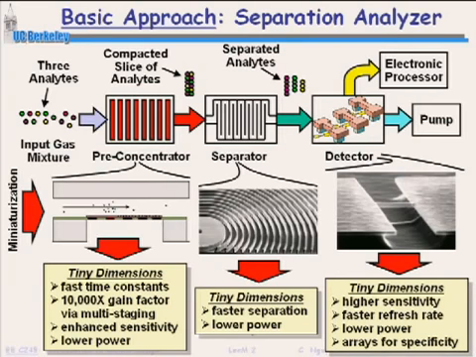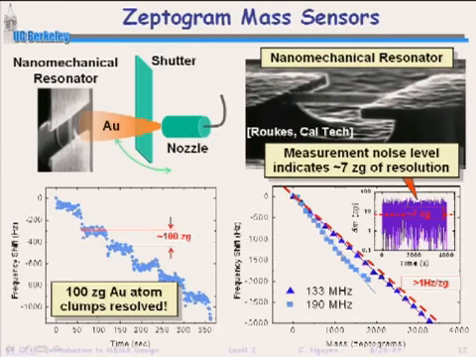In the end, the delta M over M, the percent change in mass, is much bigger when you make things tiny. And it is nanoscale vibrating resonators like this one, demonstrated by Michael Roukes at Caltech, that have the record performances in how small a mass change you can actually detect.